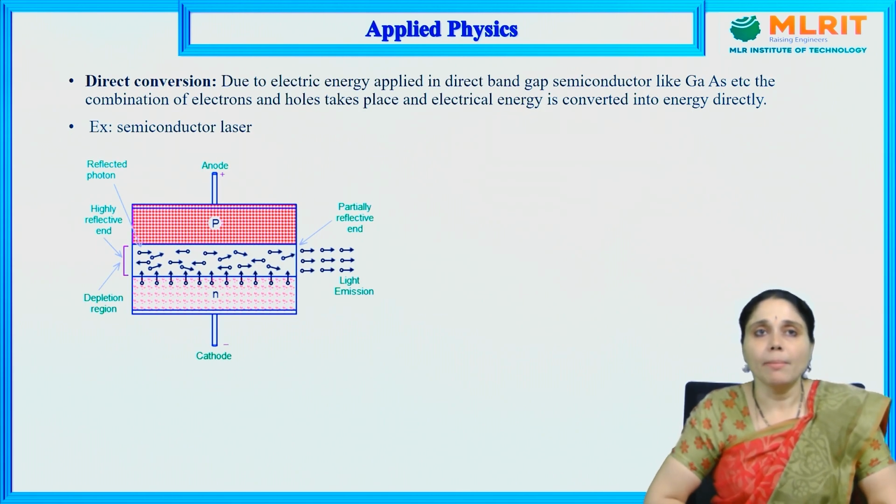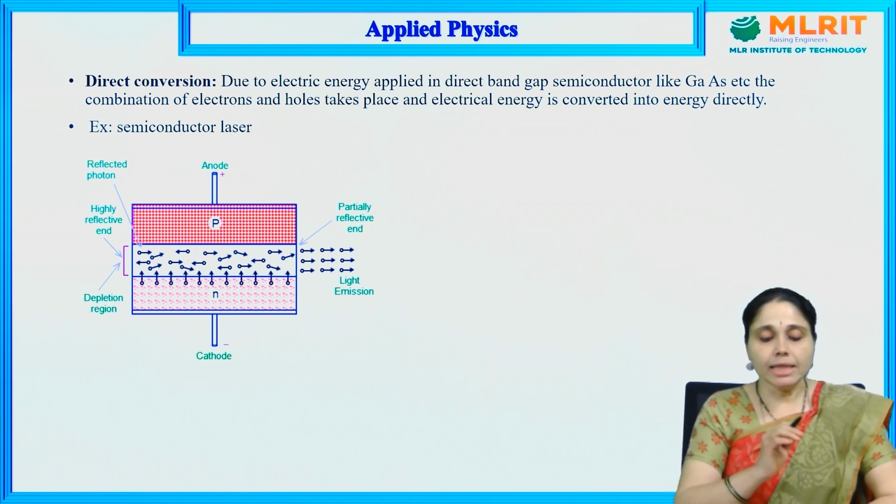Next, coming to the direct conversion method. This is the semiconductor laser. Due to the electrical energy applied in a direct band gap material like gallium arsenide, the recombination of electrons and holes takes place and electrical energy is converted into light energy. See the diagram over here.